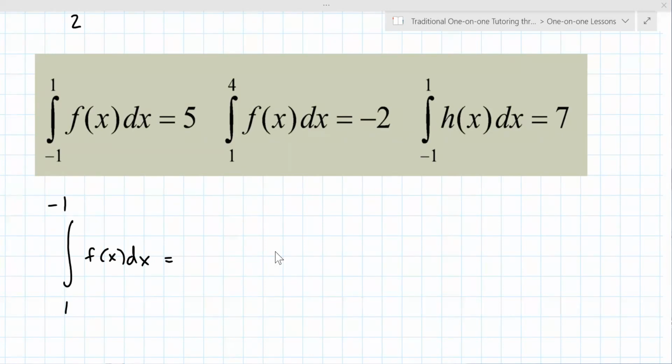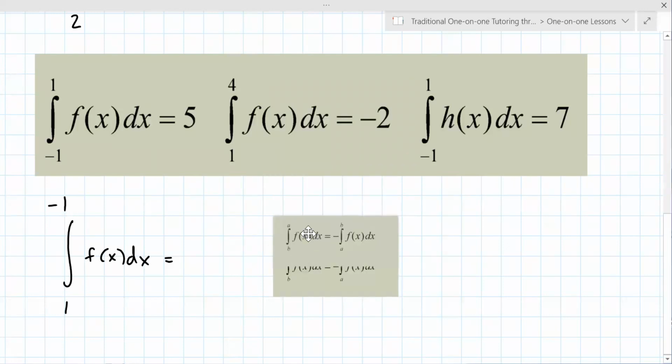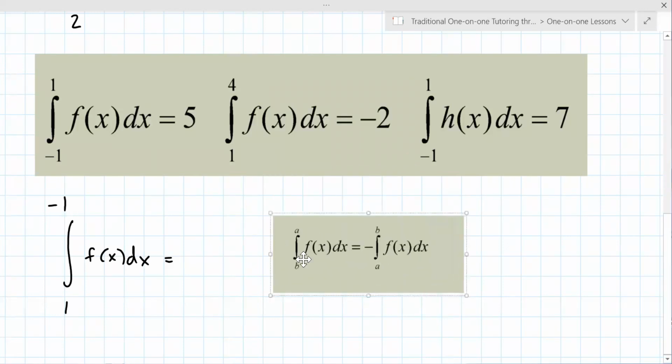Let me snip that in here. What this says is that if you just switch the bounds, but you keep everything else the same, it's the negative of whatever that number is. Do you see how from this one up here to this one down here, the only thing I did was switch the order of the bounds? Oh yeah. Okay. So that makes it -5.